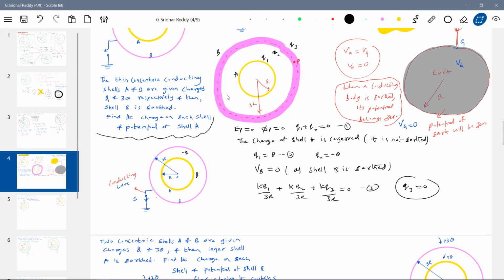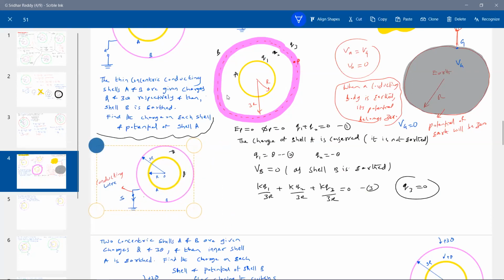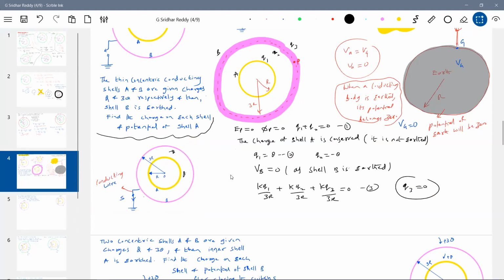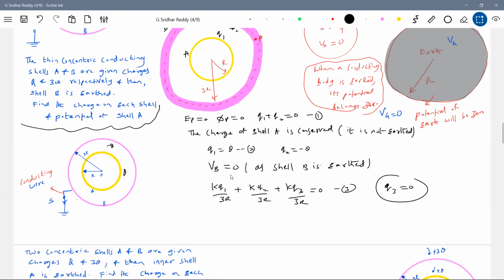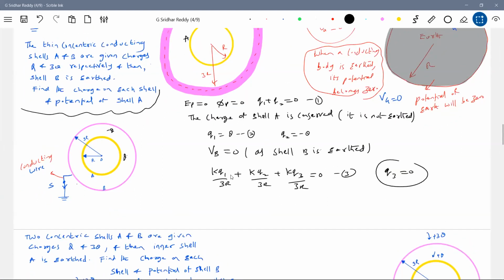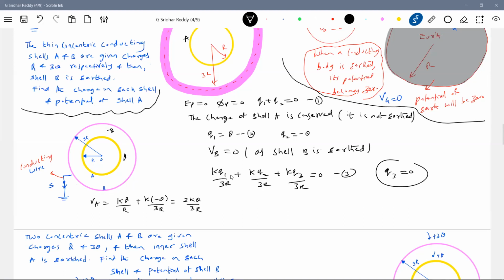Now looking at this, I am asking you to write the potential of shell A. A shell which is not earthed, its potential should be determined. How to write the potential of shell A? KQ by R plus K minus Q by 3R, which is 2KQ by 3R.